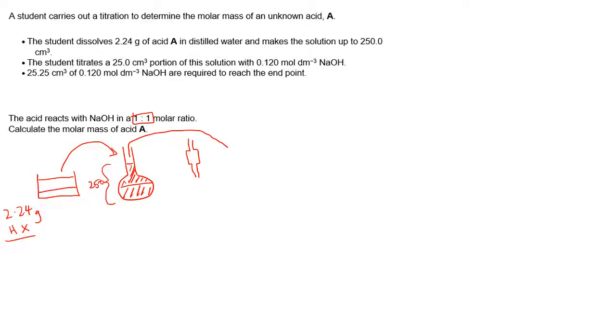Let's draw our conical flask like that, and you put your 25 in there. So this is now 25 cm cubed of that solution, the same concentration as that solution. And then you've got a burette here, and in that burette you have your sodium hydroxide. You fill it up with sodium hydroxide, and your concentration is 0.12 mole per dm cubed.